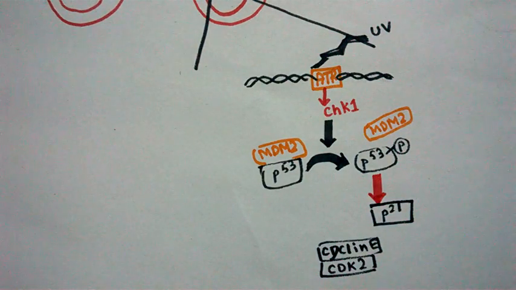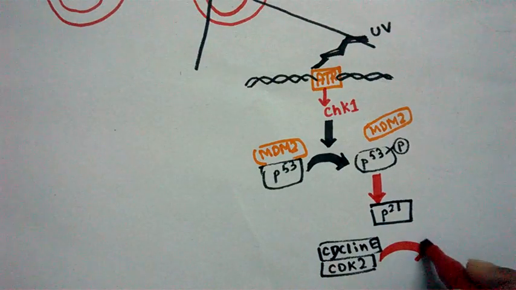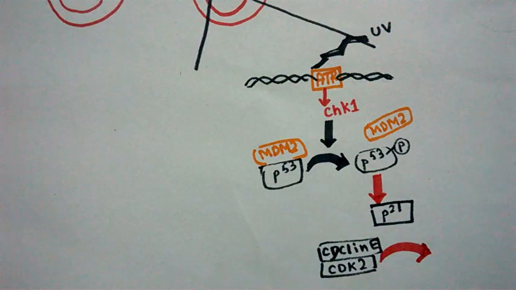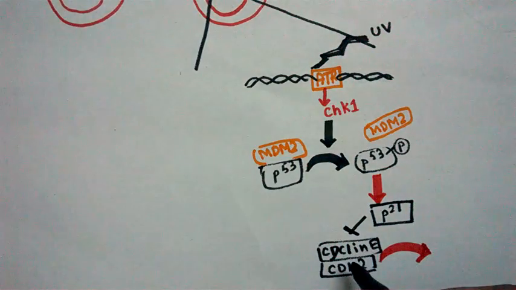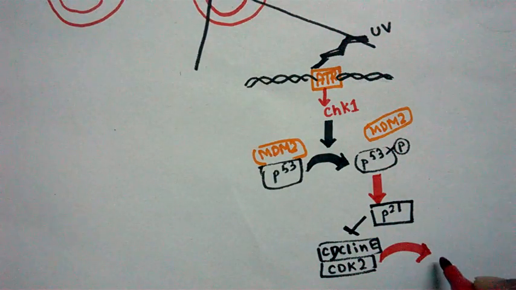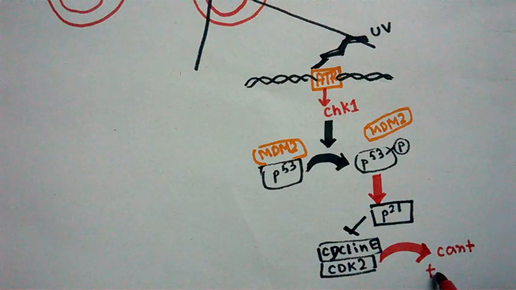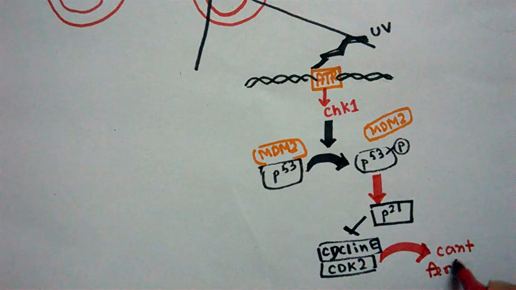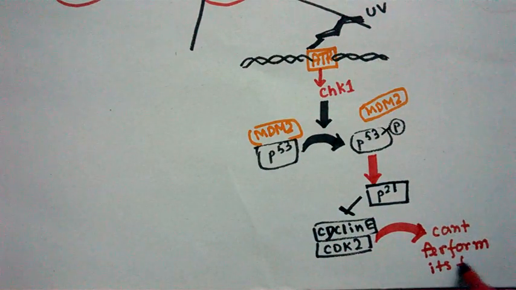So p21 inhibits cyclin E and CDK2, and cyclin E CDK2 can't perform its function.